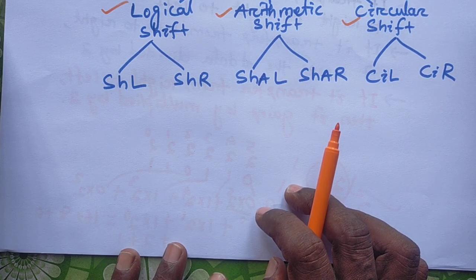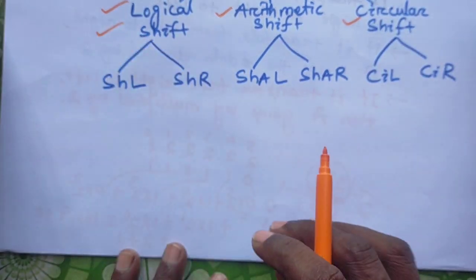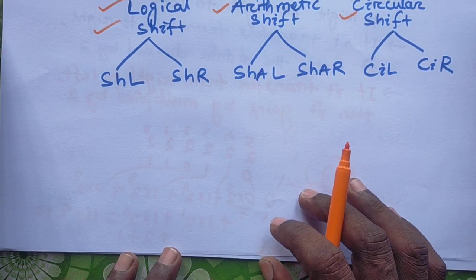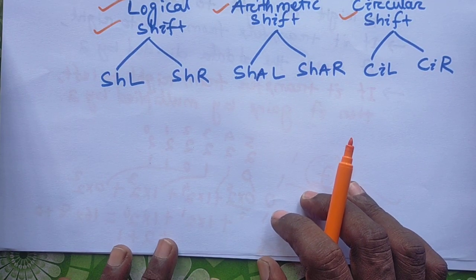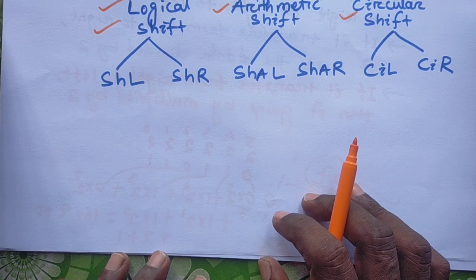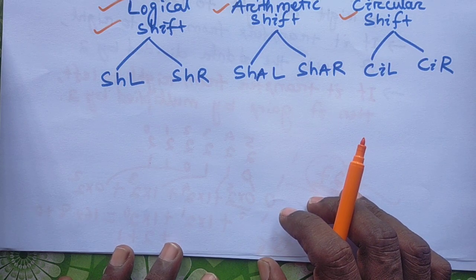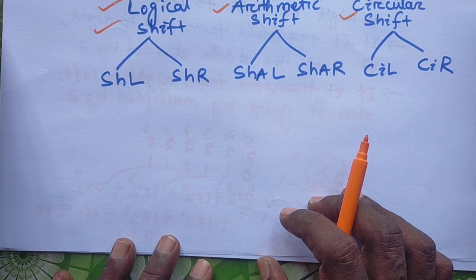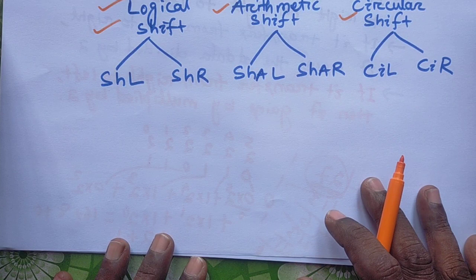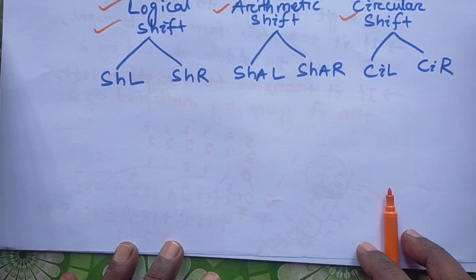Today we will discuss the logical shift operation. What is an example, or how do we define the logical shift micro operations? One example I will take, then when I explain, we can find out how it is evaluated through logical shift micro operations.